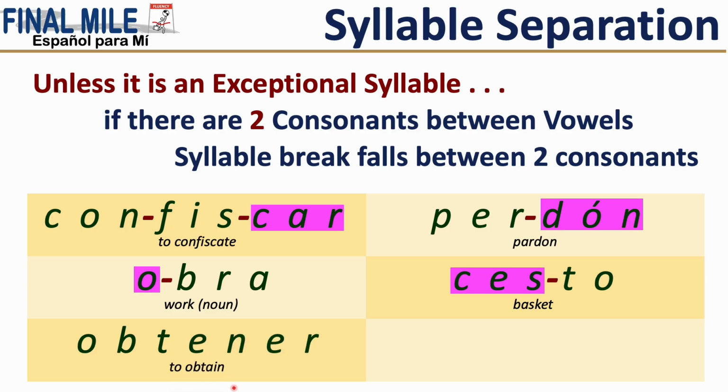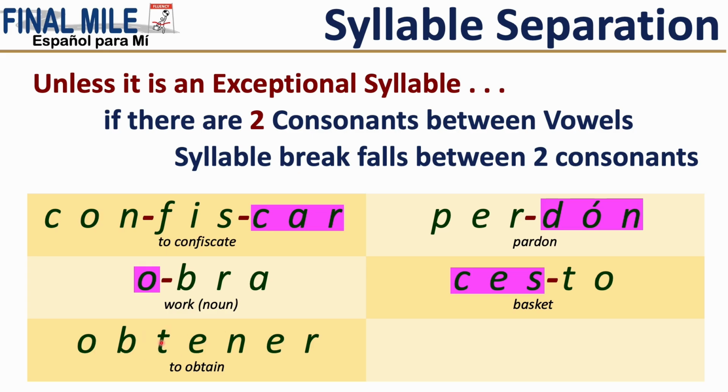Again, we start the word with a vowel, therefore we have no choice but to start the syllable with a vowel. Okay? So we need to count the consonants between the vowels and then divvy them up. Okay, so two, we know that we're going to have to separate them unless this is an exceptional syllable, and it is not.